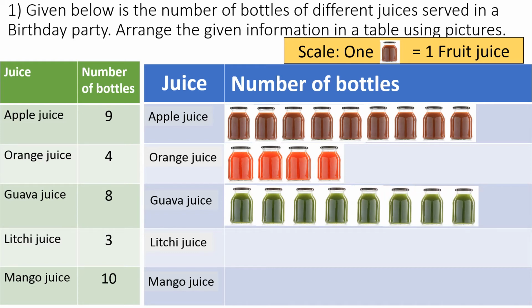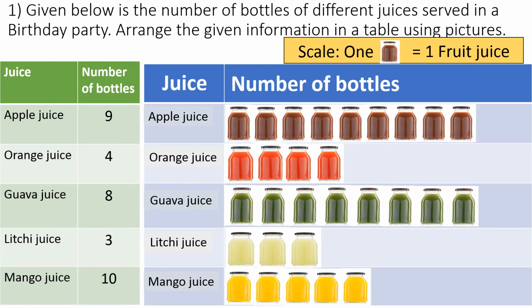The number of lychee juice bottles are 3. So draw 3 bottles. 1, 2 and 3. And the number of mango juice bottles are 10. So draw 10 bottles. 1, 2, 3, 4, 5, 6, 7, 8, 9 and 10.